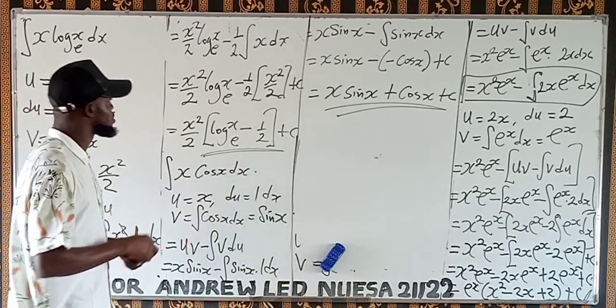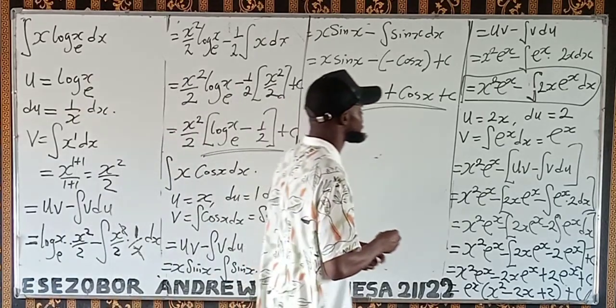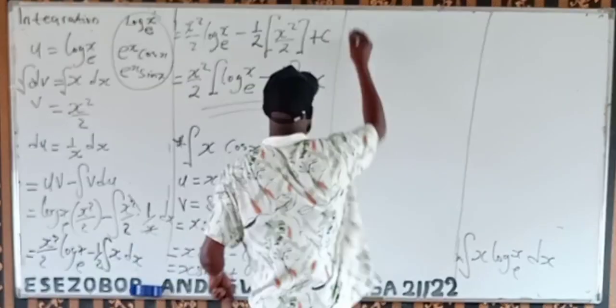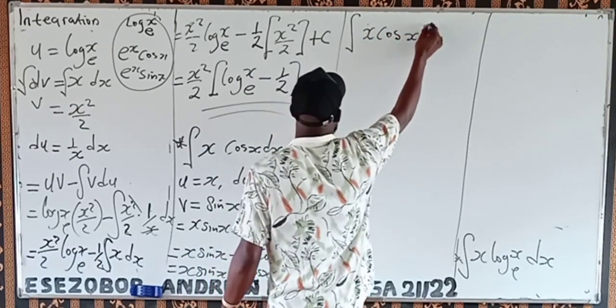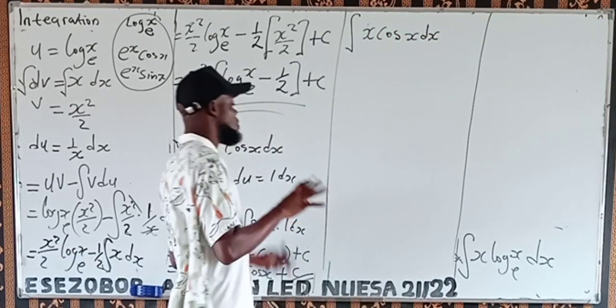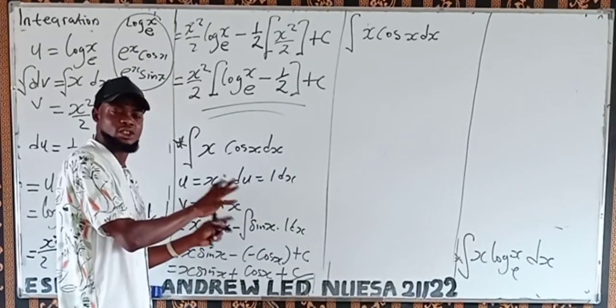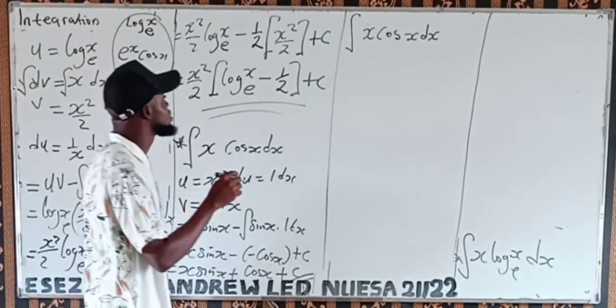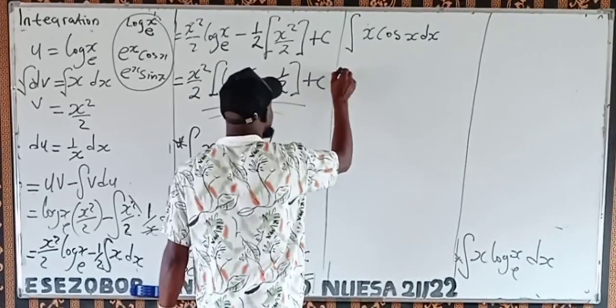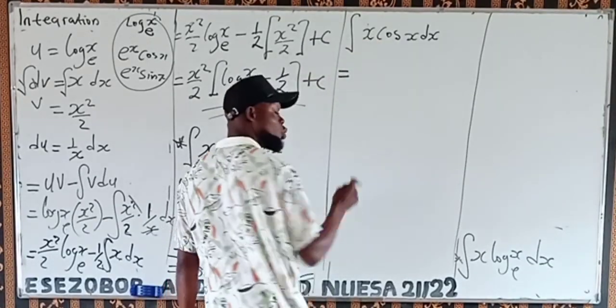So let's look at shortcuts. Remember the question was the integral of x cos x dx. We already have the topic under integration by parts, you can go back and look at it again after this one. If you want to do the shortcut, first of all identify your u.